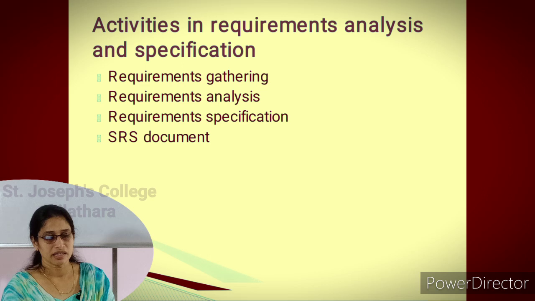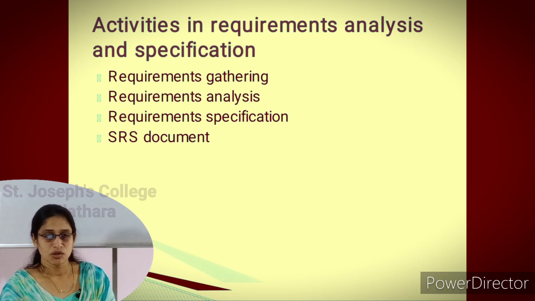After the feasibility study, if the project has been found feasible, then requirements gathering starts. This is iterative work, because once we do the requirements gathering, we start requirements analysis. But then we might find that we need to do more gathering, need to resolve issues, and to do requirements specification.